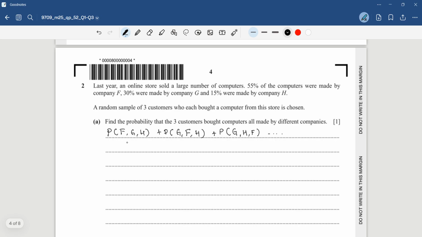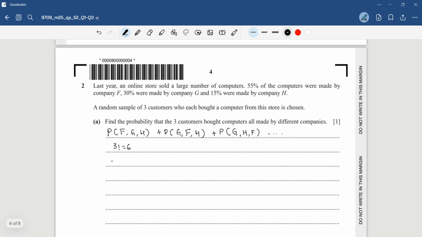So we can also treat this as a permutation, like FGH. So we've got three elements and we're going to arrange all these three elements. So it's going to be 3 factorial, which is 6. Okay, means there are 6 different possibilities of the customers buying from different companies.